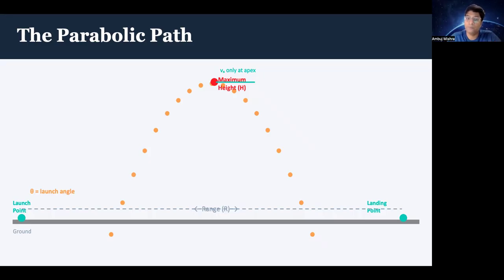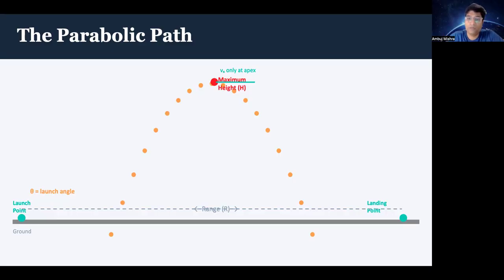The distance between the two points we call range, which is denoted by R. The maximum height up to which it goes, we denote it by H. The angle at which it is launched is called theta. And one more thing to notice is that at the maximum point, H, only the horizontal velocity remains. Vx is the only component of velocity that remains. The vertical velocity becomes zero, from where it flips and starts coming down, right?